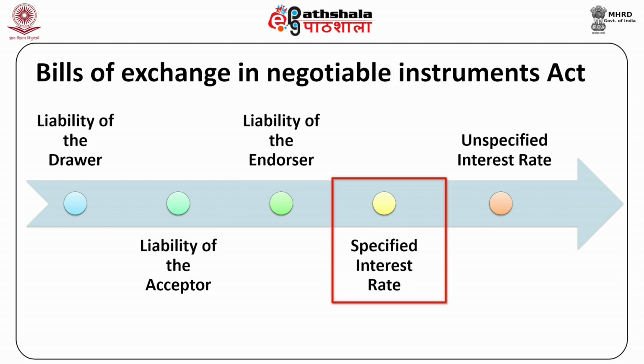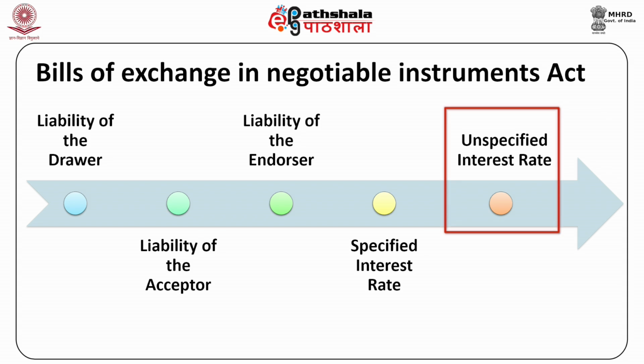Number 9. Specified interest rate. As per Section 79, if specified, interest must be calculated at the specified rate. Number 10. Unspecified interest rate. As per Section 80, if not specified, interest on the instrument must be calculated at 18% per annum.